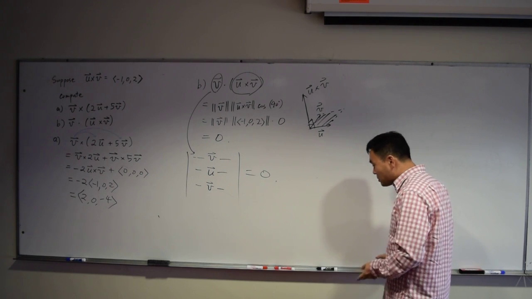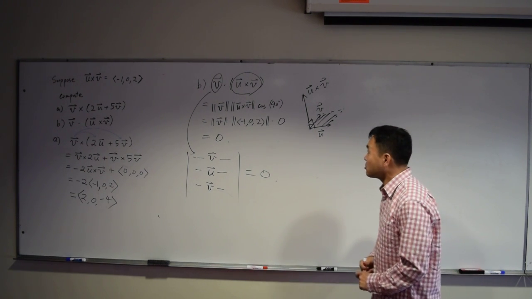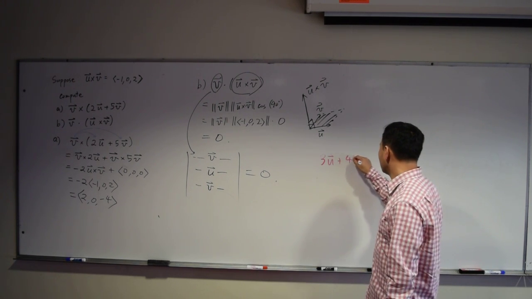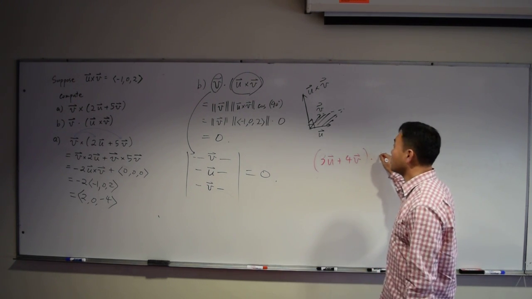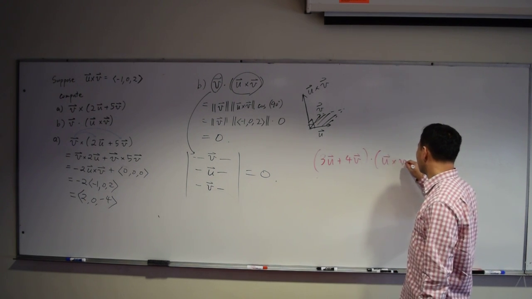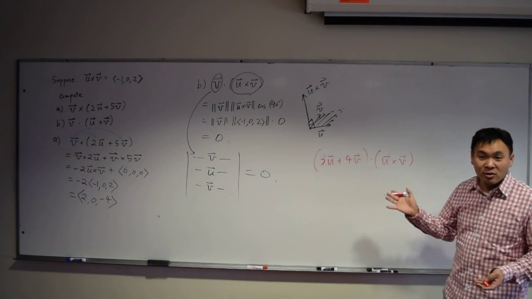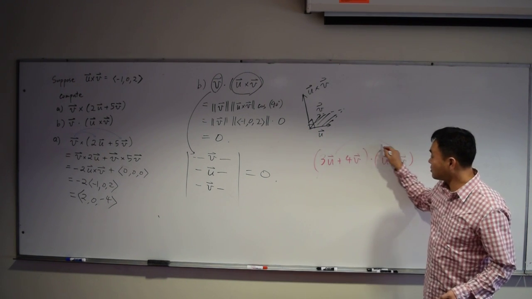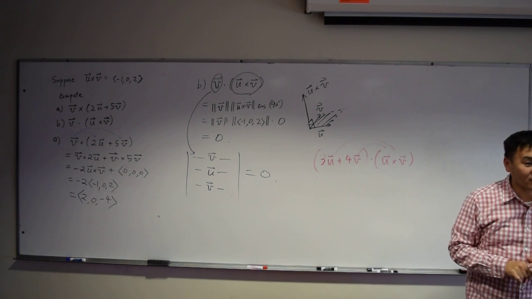So you can think about more complicated situations where you have something like 3u plus 4v dotted with u cross v. Of course, you can still use the old method by multiplying and distributing. That'll be one method.